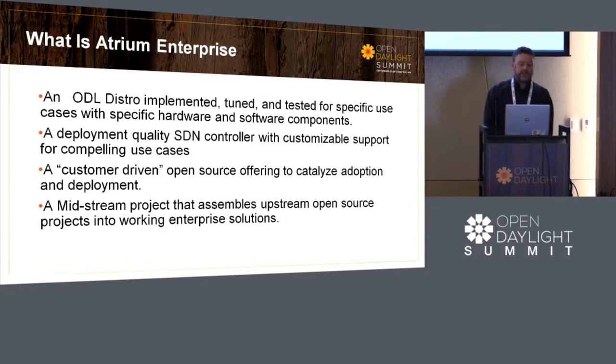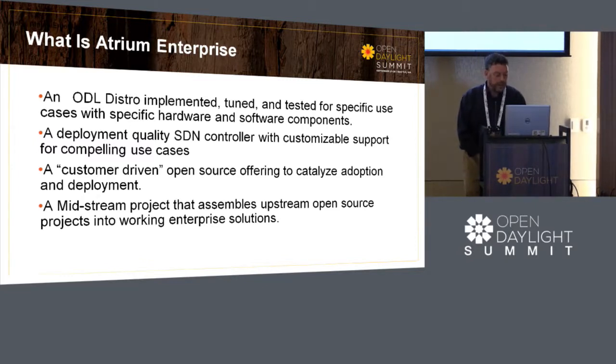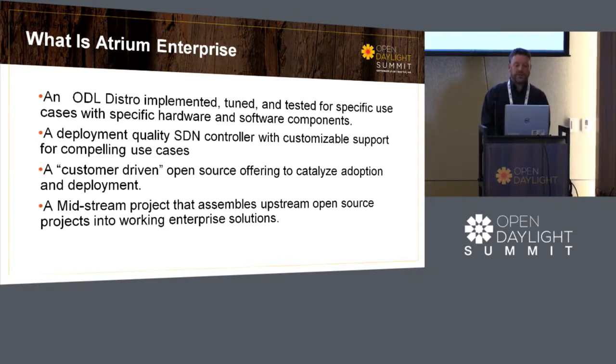So Atrium Enterprise is a distribution of OpenDaylight that's been tested, integrated, and tuned for specific use cases, recognizing that upstream OpenDaylight isn't very consumable for most people, and a lot of people don't want to do super custom things and become deep software developers in order to use it. So the thought is that we'll take the basic distribution, add support for specific use cases, test it with specific pieces of hardware, and certify at some level that this is something that you can take and deploy.